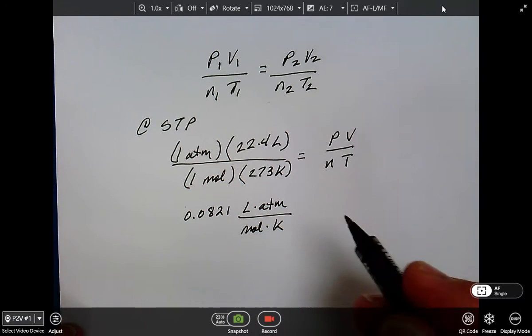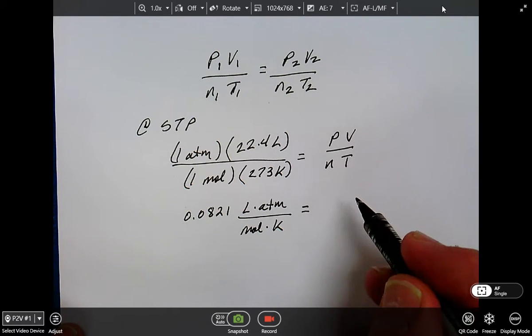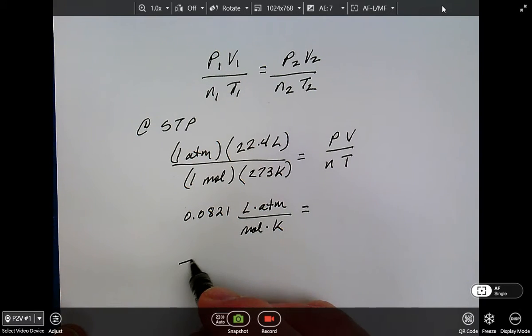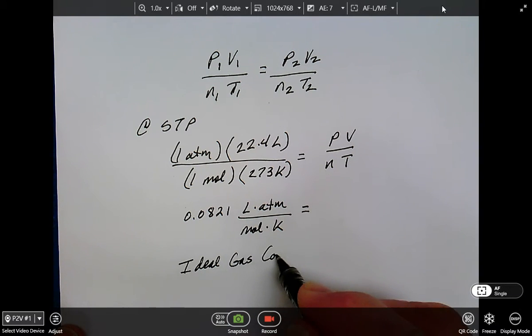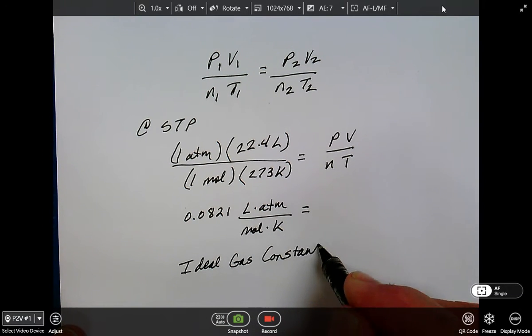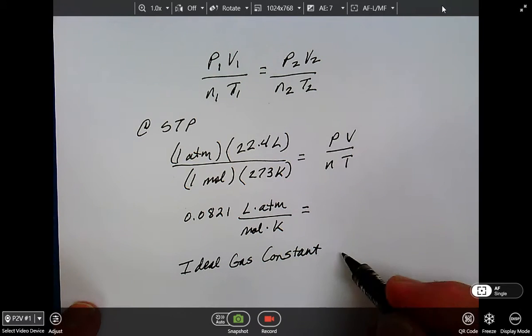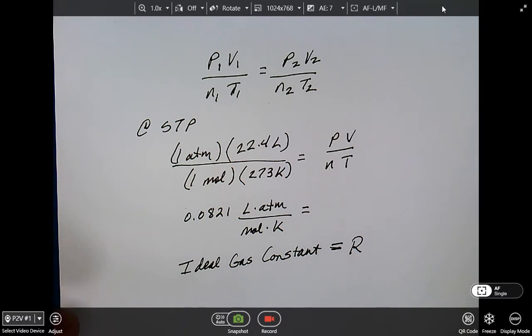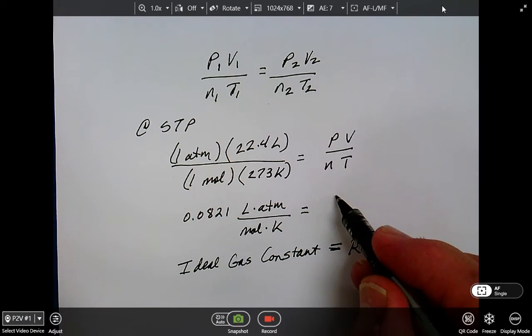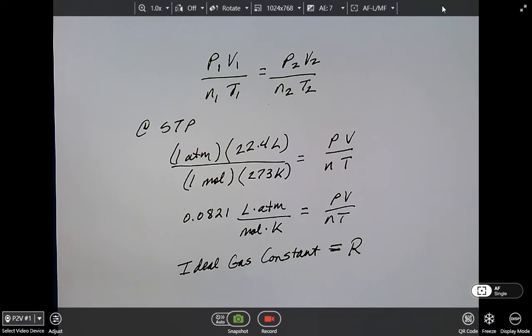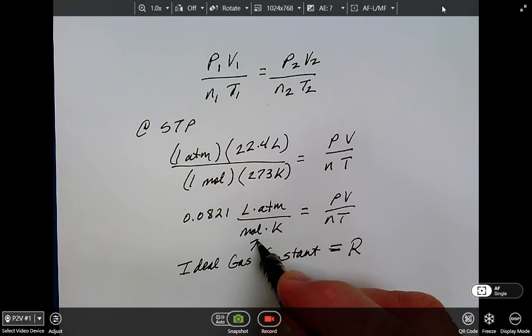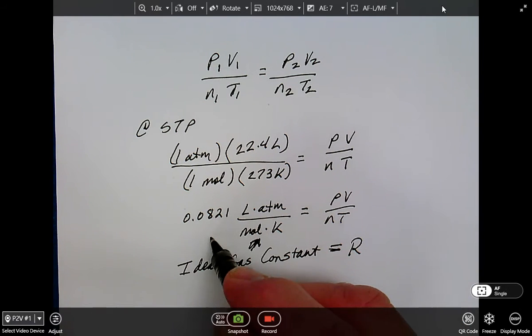Now, this side of the equation is known as the ideal gas constant. And we use the letter R to represent the ideal gas constant. And so if we complete this, we put our PV over NT, and now we have the ideal gas constant, with its units right there.